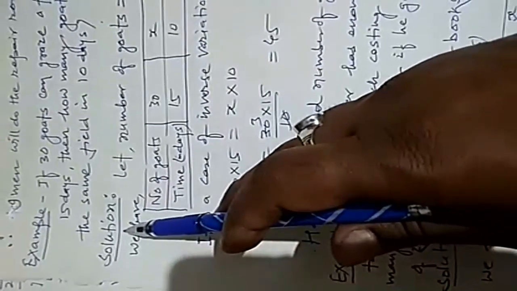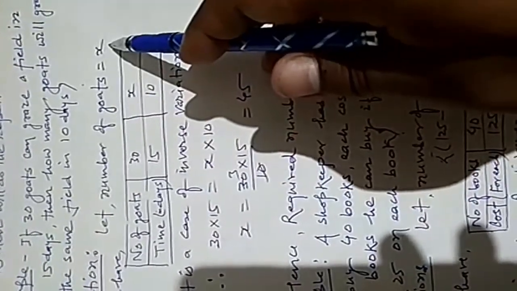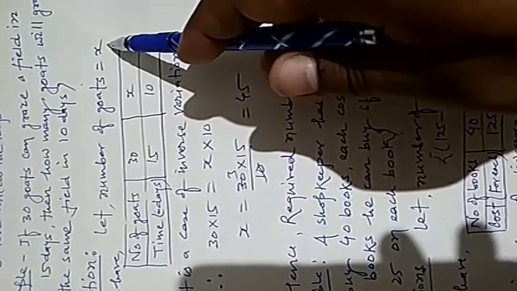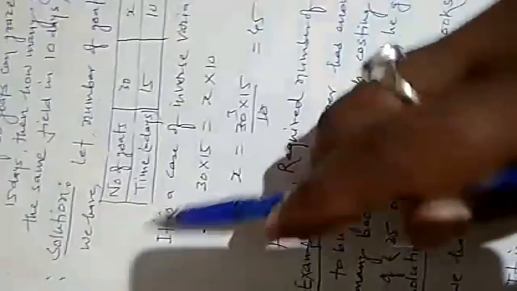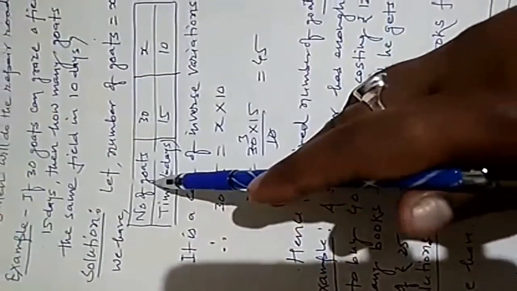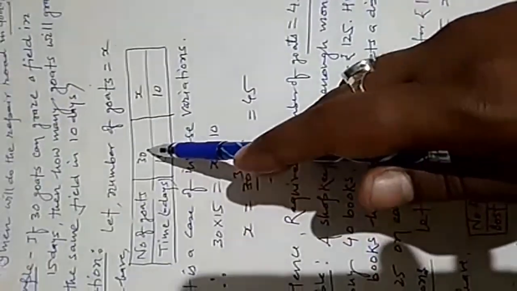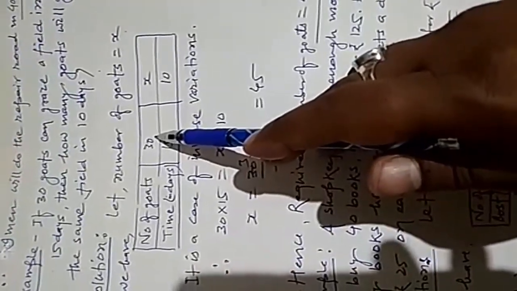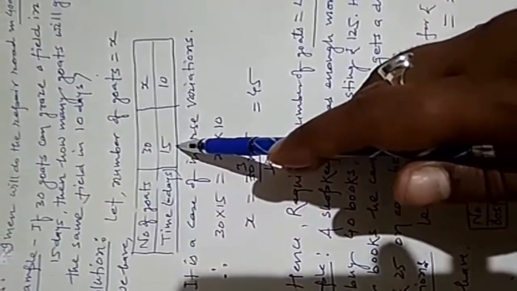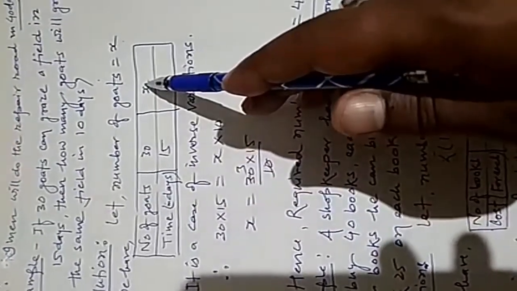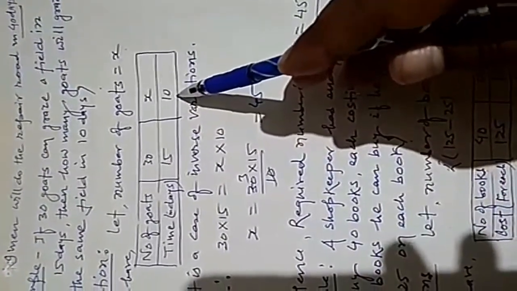Solution is here. Let number of goats be x. Then we have number of goats 30, time taken 15 days, and number of goats x, time taken 10 days.